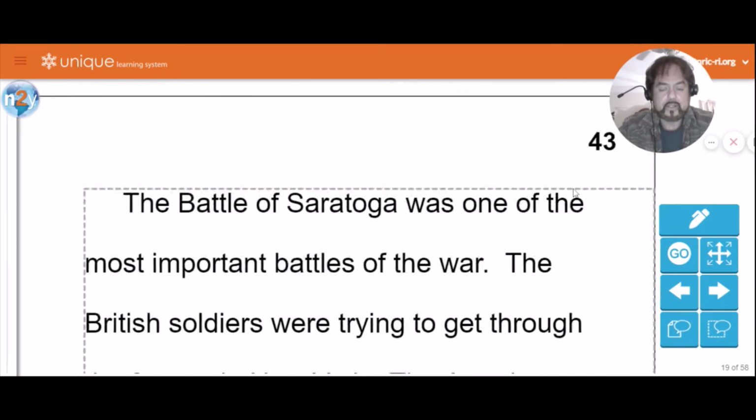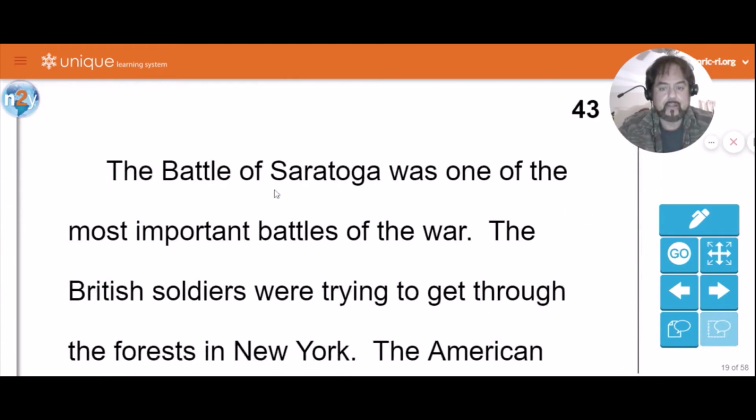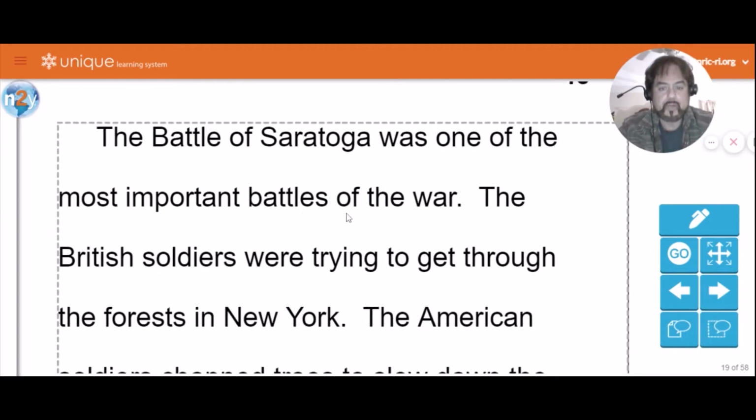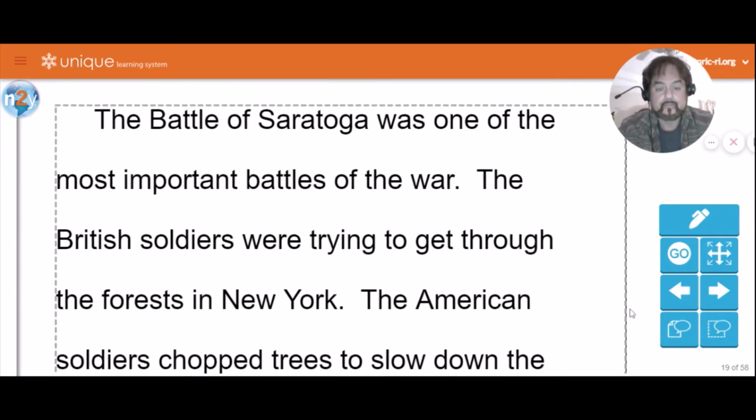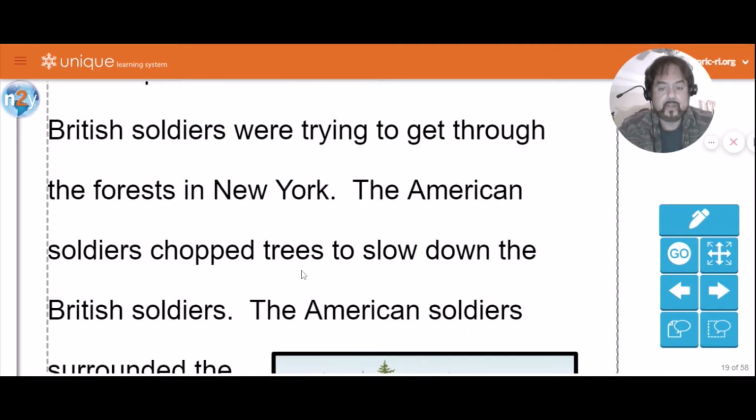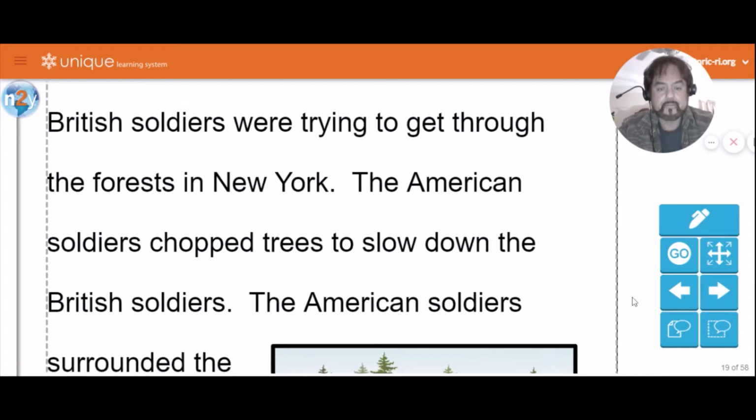The Battle of Saratoga was one of the most important battles of the war. The British soldiers were trying to get through the forests in New York. The American soldiers chopped trees to slow down the British soldiers.